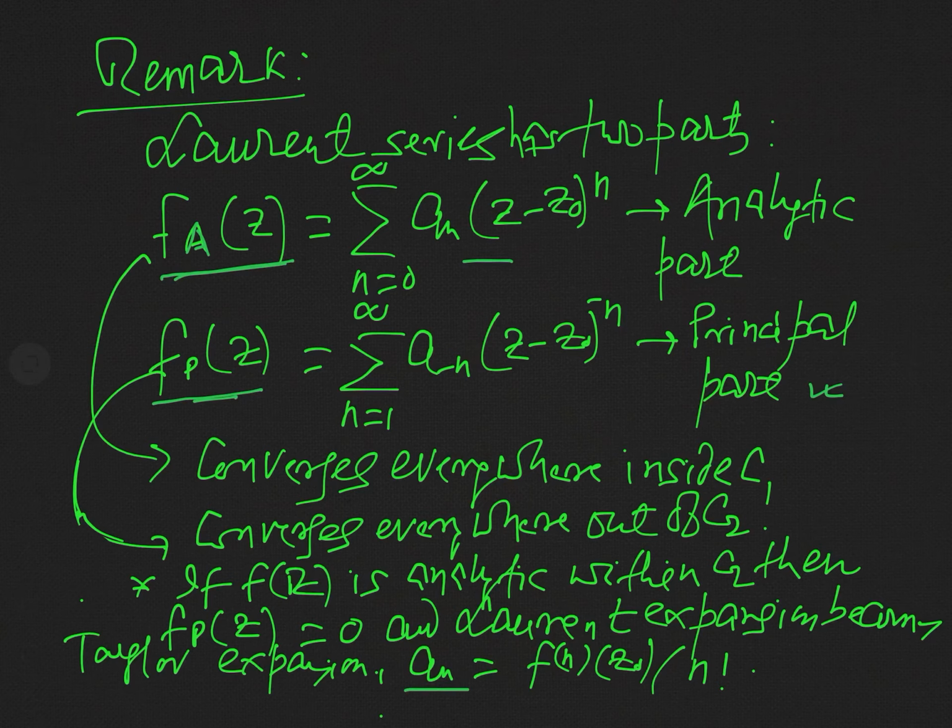The reason is that in this condition, an will be simply equal to f to the n of z naught over factorial n, which is the coefficient in the Taylor expansion. So if f of z is analytic within the interior circle C2, the principal part of the Laurent series vanishes, and the Laurent series becomes the Taylor series.